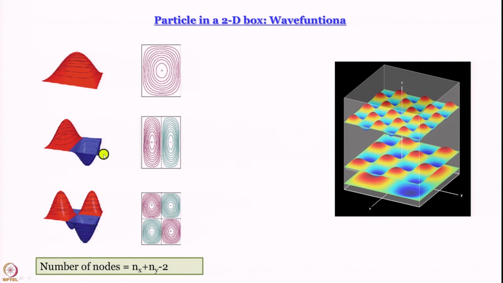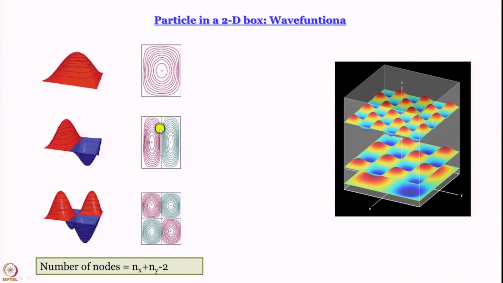What about 1 2 or 2 1 wave function? There is a node in one direction, there is no node in the other direction. Suppose it is 1 2, that means along x direction nx equal to 1, so there is no node, but along y direction ny equal to 2, therefore there is a node. So, what we are saying is that we get something like this.